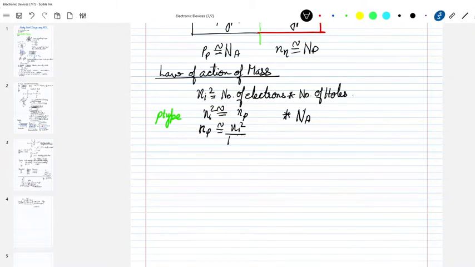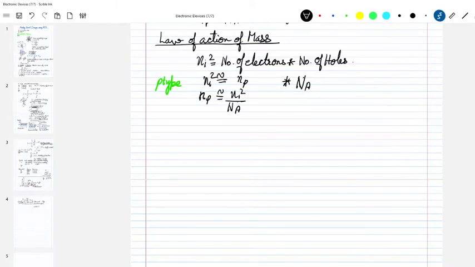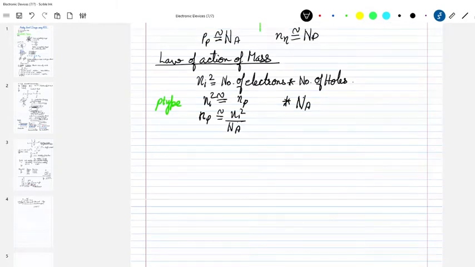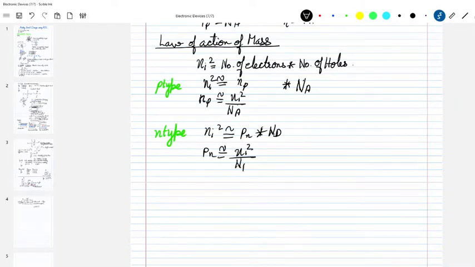Okay, so that's correct. So this is p-type material. You have majority carriers Pp, minority carriers Np. Np is approximately Ni square over Na. Now if you consider the n-type material, what do you have? You have Ni square is approximately equal to Pn into Nd. So Pn is approximately equal to Ni square over Nd.